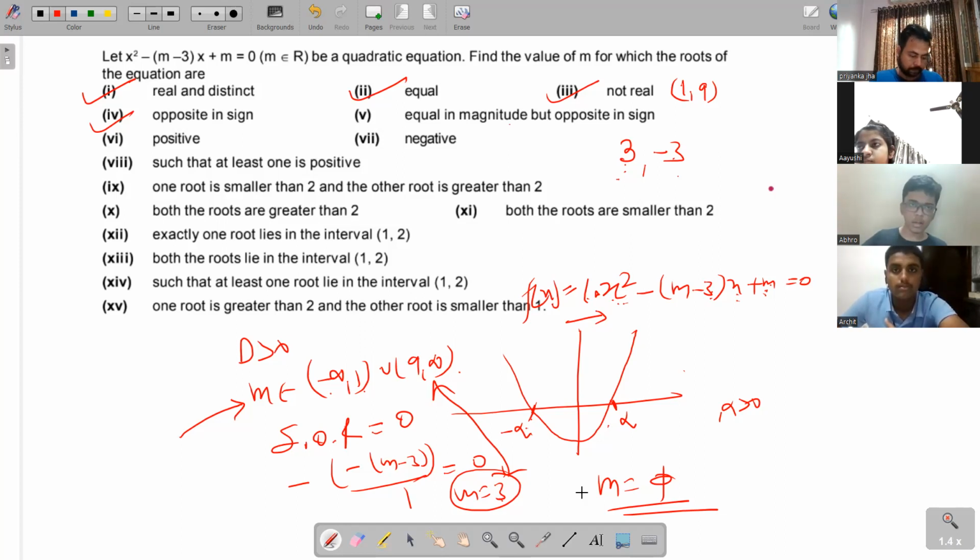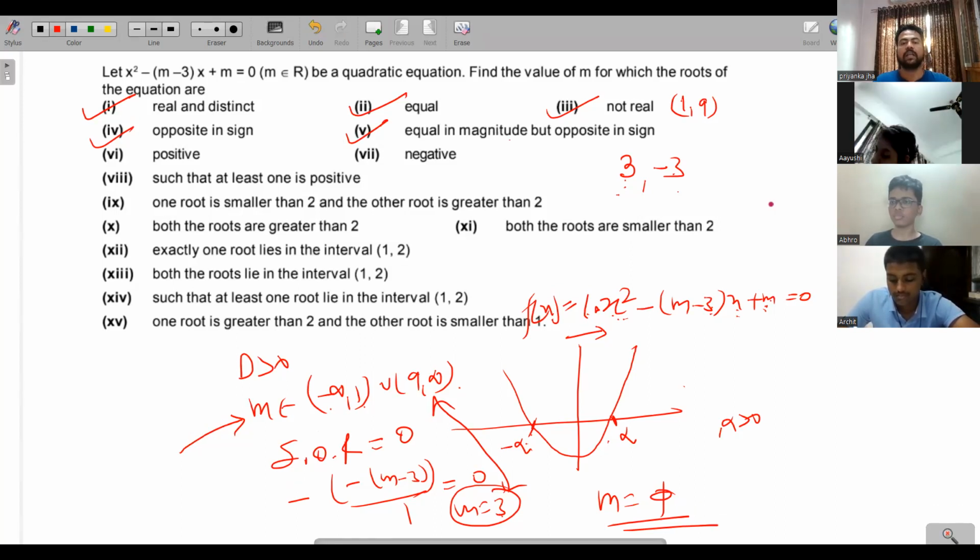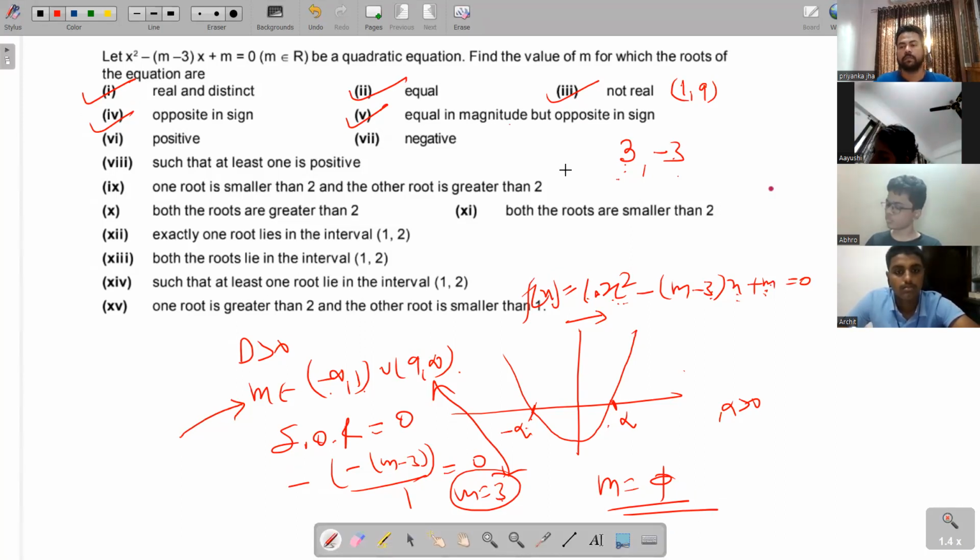Sir, for the sixth one, the answer will be 9 to infinity, open at 9. 9 closed. So is the answer greater than or equal to 0? At least, sorry, 6 is positive. So both roots can be equal. They have to be positive only.